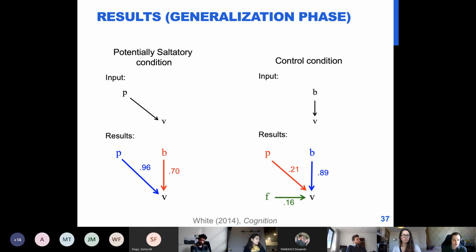Sorry, it's not intermediate there. They don't change it. But when it is intermediate, they again change it much more often. So 45% versus 16%. What we see here is that they're much more likely to assume that these sounds change when there's this pressure to avoid what could be a saltatory system.